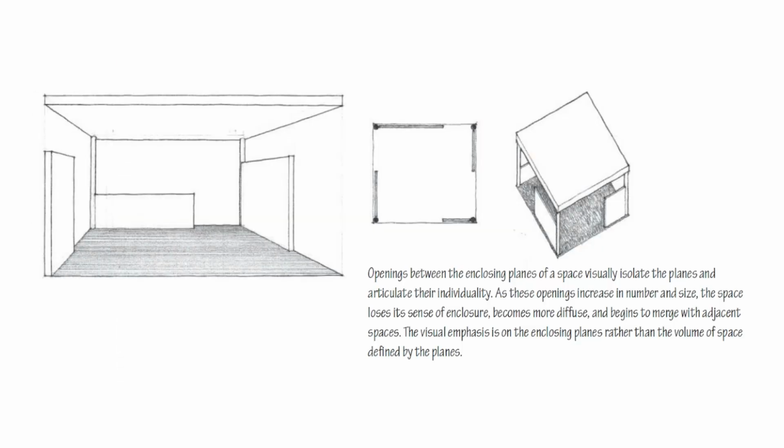Openings between the enclosing planes of a space visually isolate the planes and articulate their individuality. As these openings increase in number and size, the space loses its sense of enclosure, becomes more diffuse, and begins to merge with adjacent spaces. So the visual emphasis is on the enclosing planes rather than the volume of space defined by the planes. This is very typical when we're adhering to open planning.